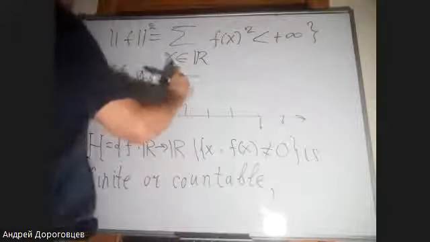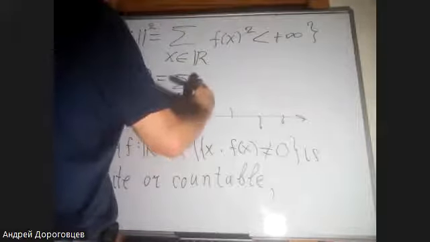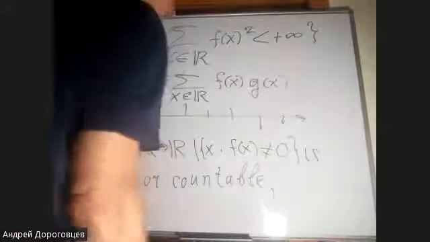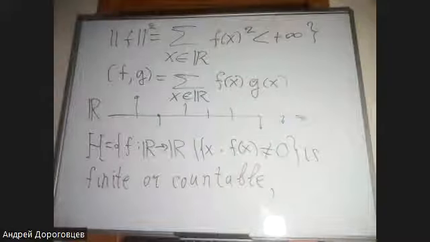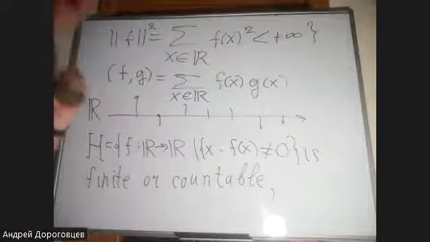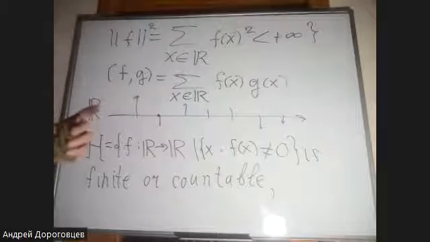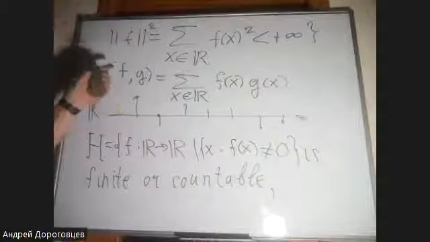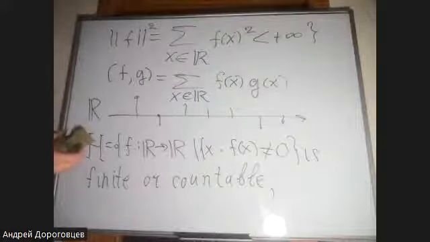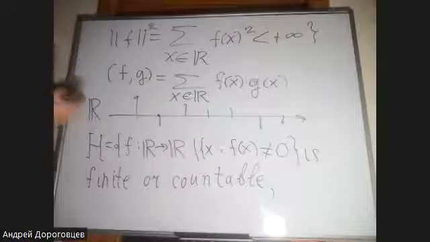In this case, properly, it is again the sum with respect to x in R of f(x) g(x). It's easy to check that this is an inner product. What remains to check, and this is an exercise for you, is that this is a complete space with respect to such a norm, and after we check this, we can easily understand that this is a non-separable space.